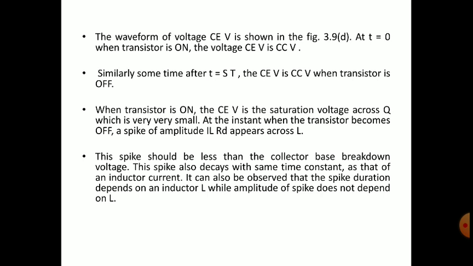When the transistor is on, VC is the saturation voltage across Q, which is very small. At the instant the transistor becomes off, a spike of amplitude IL into RD appears across L. The spike should be less than the collector base breakdown voltage. The spike also decays with the same time constant as the inductor current. The spike duration depends on the inductor L, while the amplitude of the spike does not.